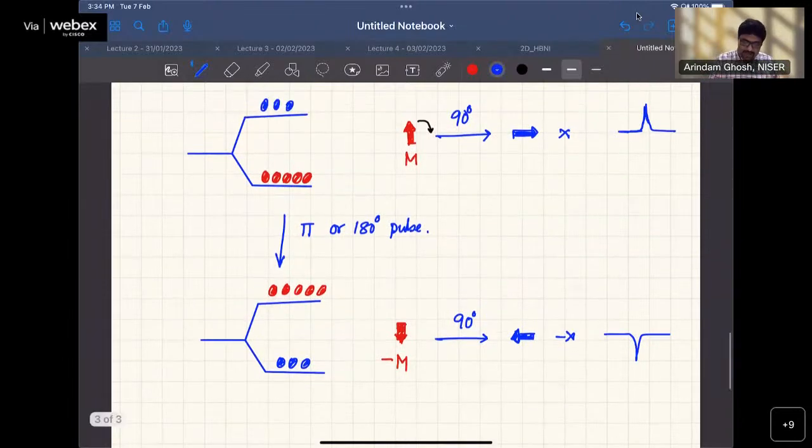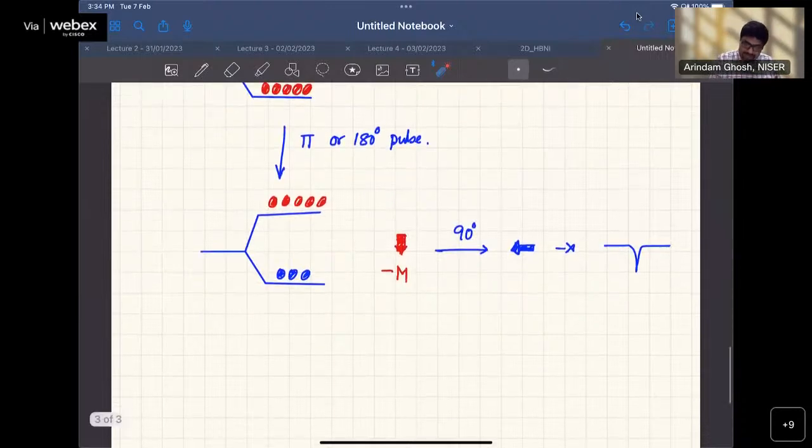What I have to see is in what time scale this happens. Now we have disturbed it, correct? This was equilibrium, but now I have changed it. This is not equilibrium. The equilibrium is that again it will be 3 here and 5 here, correct? That is the equilibrium distribution. So I do this 180 degree, then I wait for some delta time, then I give a 90 degree.